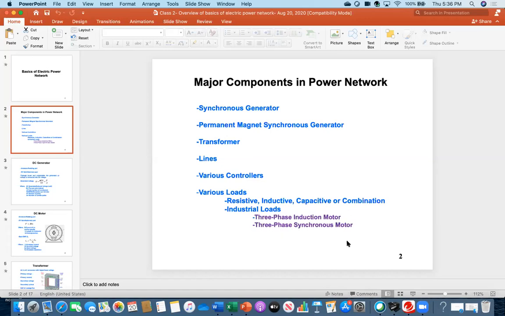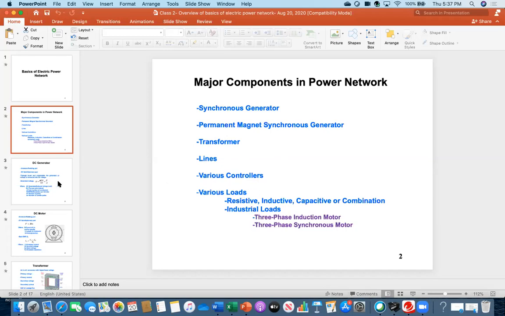For example, in the paper industry, sugar industry, jute mill industry, whatever the industry is, mostly induction motors and sometimes synchronous motors, and all are three-phase. So these are the major components. Today we'll be looking at most of the major components, their characteristics, their dynamics and working principle, and that will help you a lot.